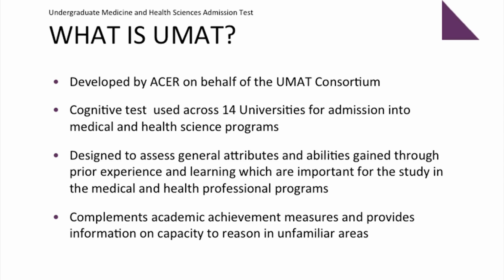The purpose of it is to provide different information to the universities so that their selection process can be helped by looking in other areas that are not just your academic scores. So not just your ATAR score or your interview, but another piece of information, okay?